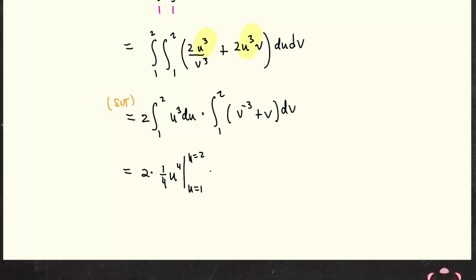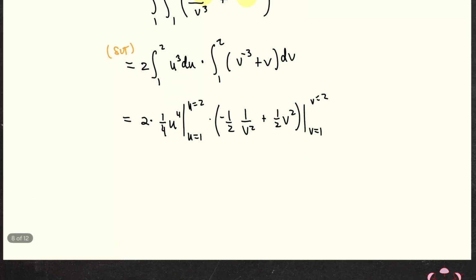That's going to be v to the negative 2 divided by negative 2. Let's write that as negative 1/2, 1 over v squared. Okay, let me put a parentheses here since these are going to be 2 pieces. And then, okay, integrate v, 1/2 v squared. This goes from v goes from 1 to 2.